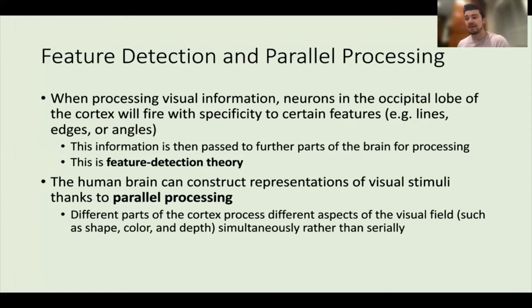So if you're looking at anything, say you're looking at a tree, one part of your brain can process the color of it. Another part is going to process the shape of it. Another is probably going to process the finer detail of it, maybe the texture of the actual tree. And this all happens at once because of parallel processing. So that allows us to sort of integrate and perceive that image in our mind pretty quickly.